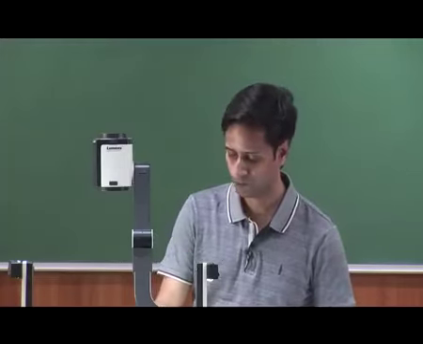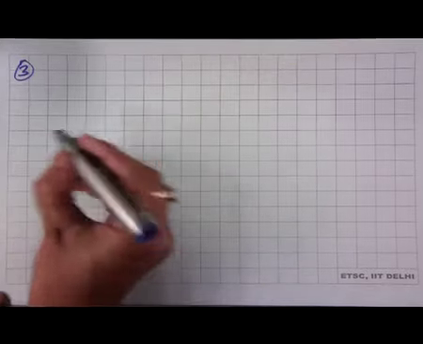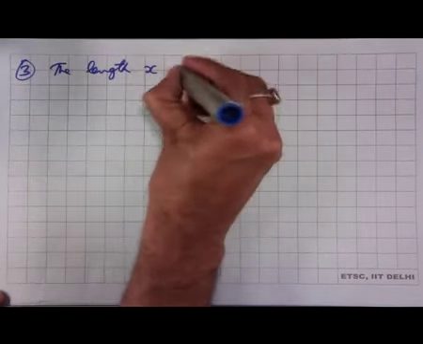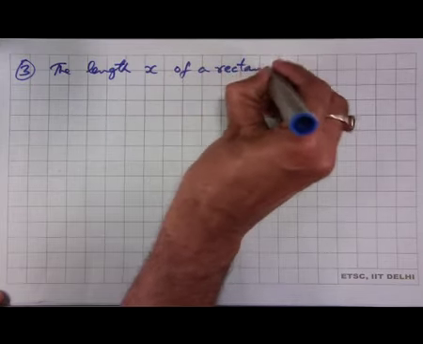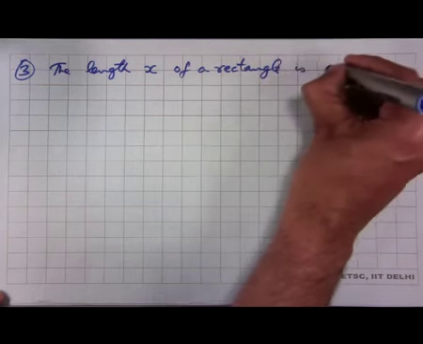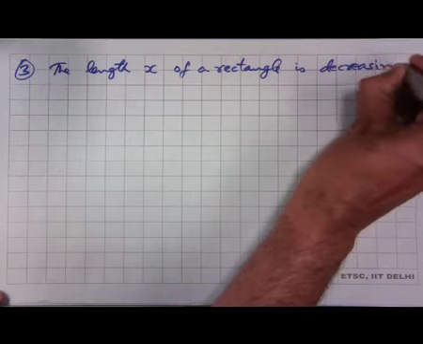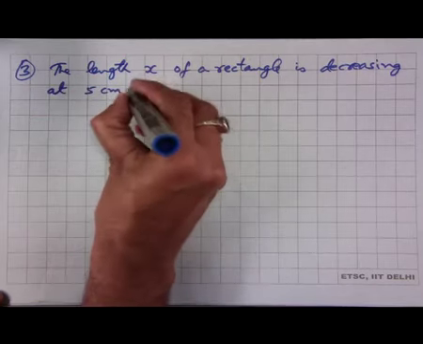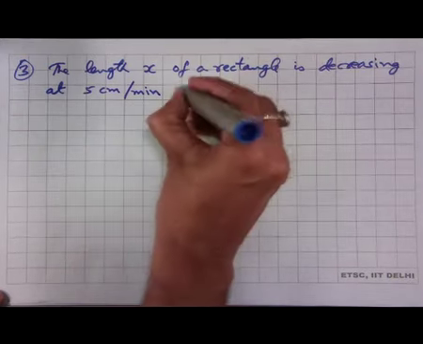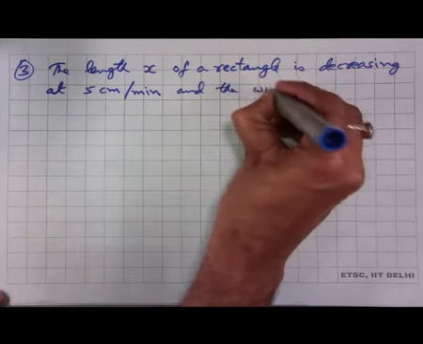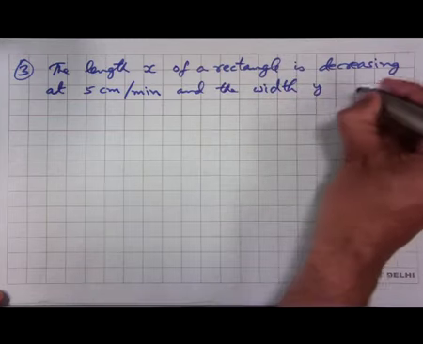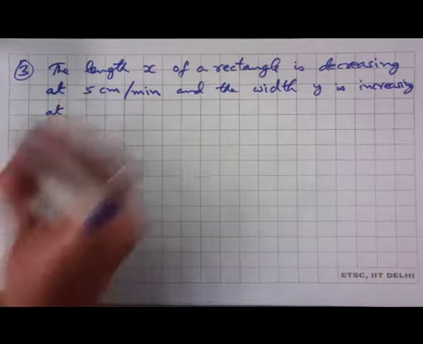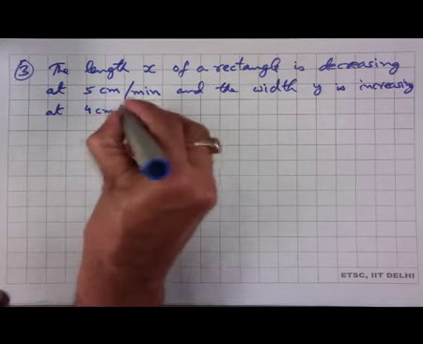The third problem that we will do: here we have a rectangle and we are given that the length x of a rectangle is decreasing at 5 centimeter per minute, and the width y is increasing at 4 centimeter per minute.